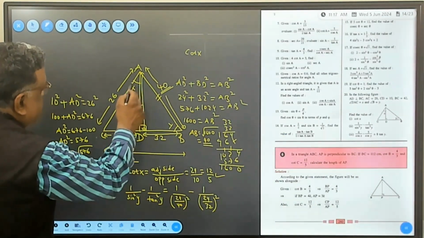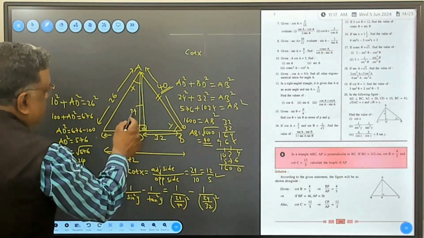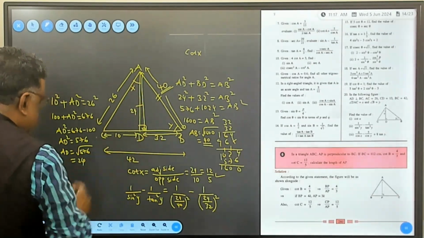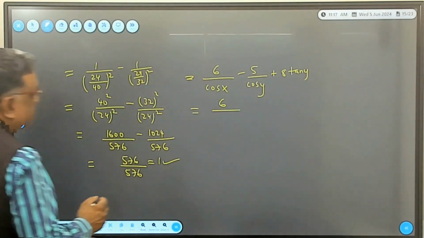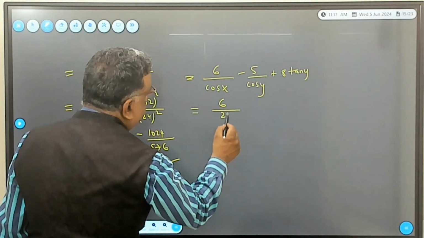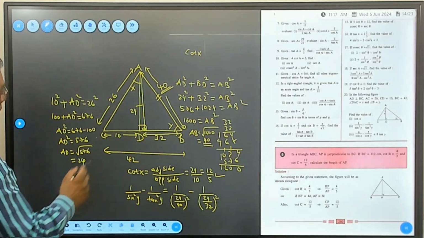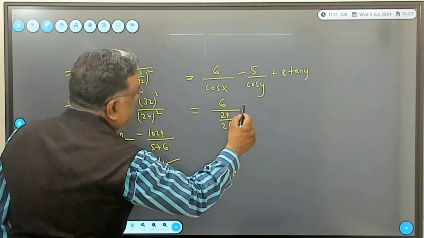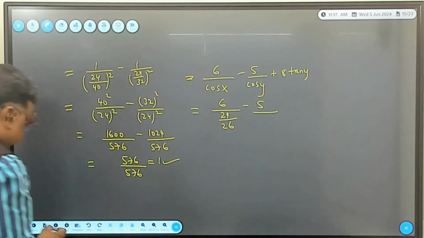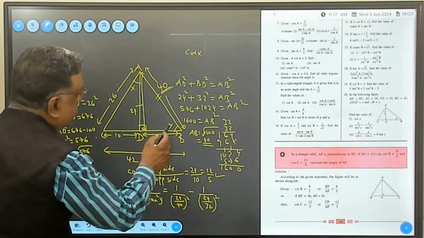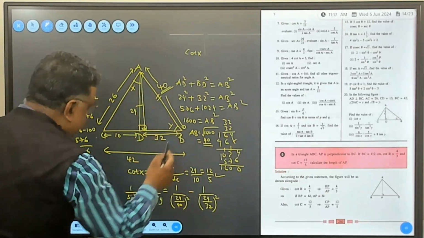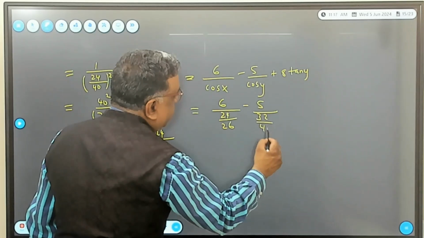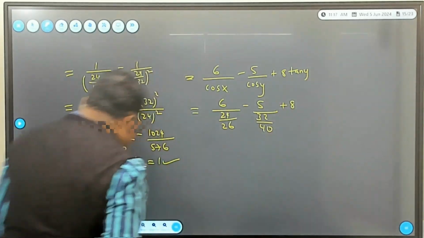Cos x is adjacent upon hypotenuse, which is 24 upon 26, because the adjacent side is AD and the hypotenuse is AC in this triangle. So 6 upon 24 upon 26, minus 5 upon cos y. What is cos y? Adjacent 32 upon 40. Plus 8 tan y.